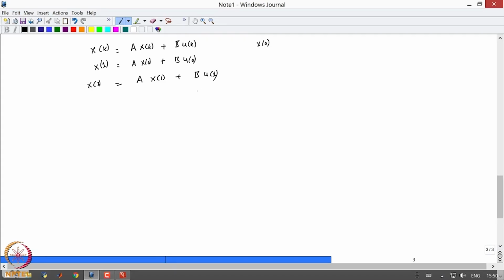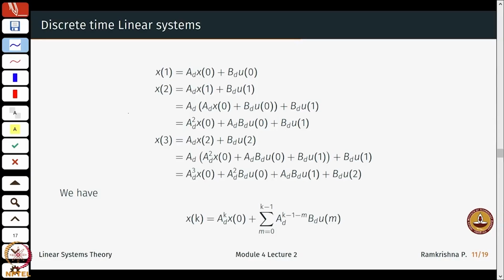Okay, what is x1? x1 is A x naught plus B u naught, so x2 is A squared x naught plus A B u naught plus B u 1. Sorry, there will be an A here, and therefore I will have an A square term depending on x naught.